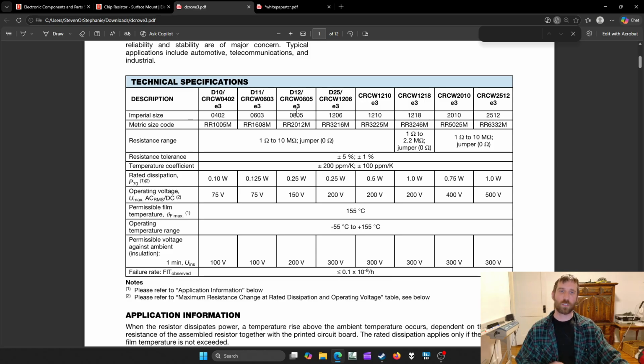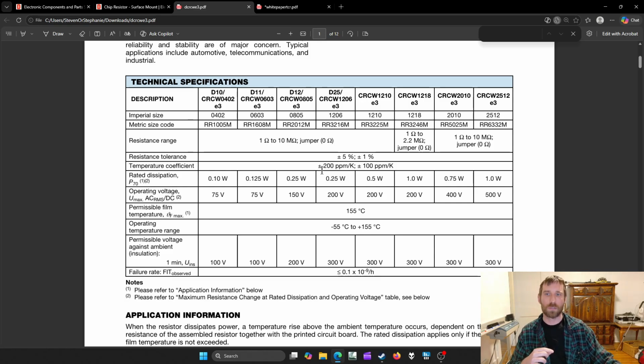So we'll see in a resistor data sheet here, this encompasses many different values, many different sizes. That's normal. Resistance tolerance for this family is either 5% or 1%. As we just showed, 1% is what you should be targeting this day and age, unless you have a reason for a tighter tolerance.